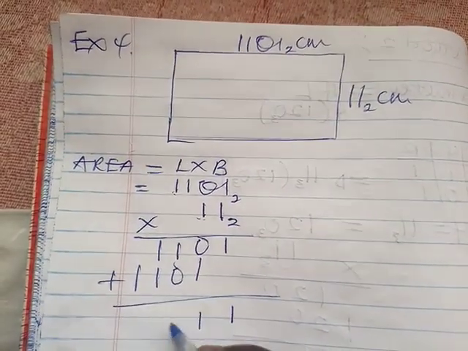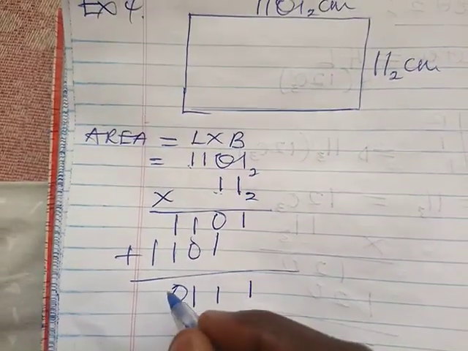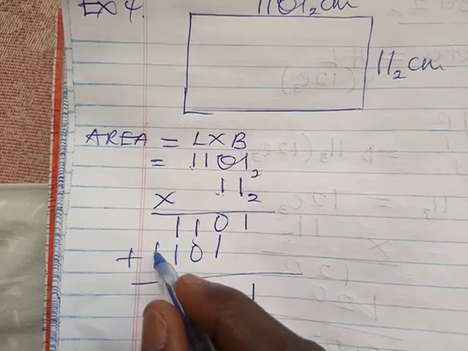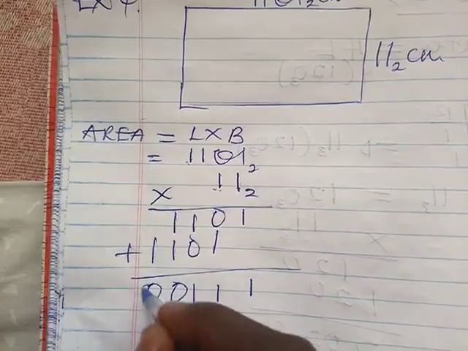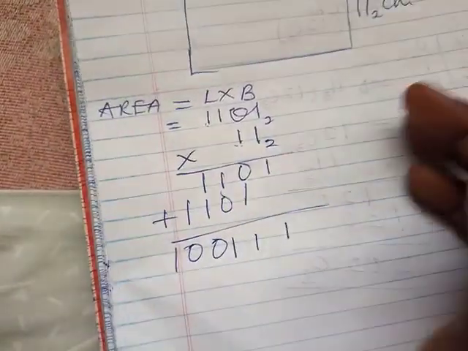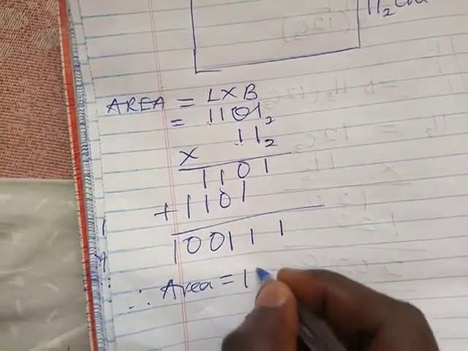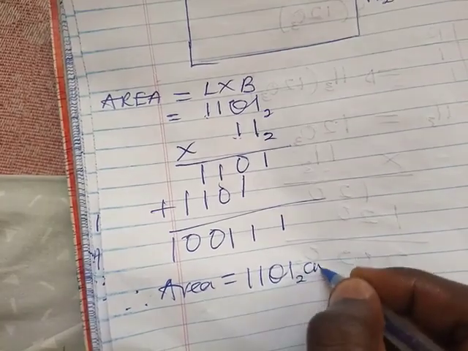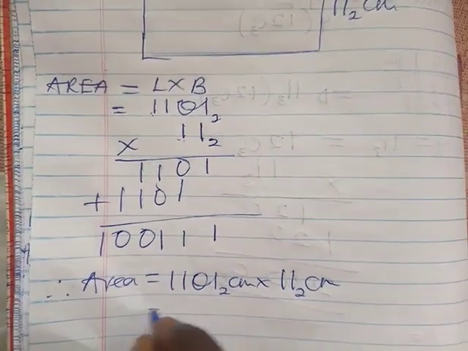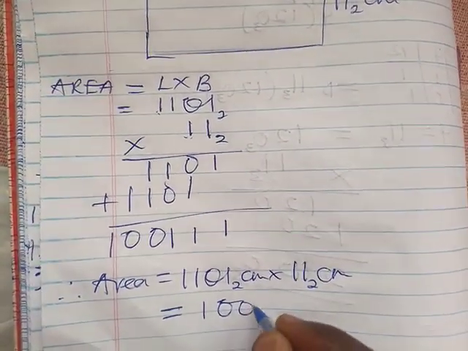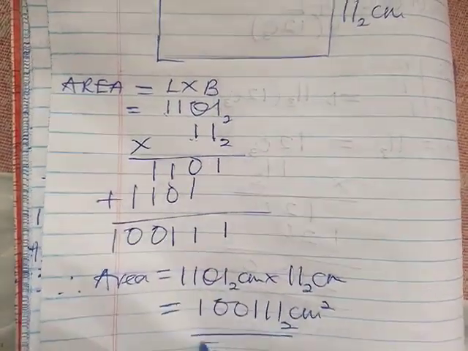So 1 plus 1 is 2, 2 in base 2 is 0, remember 1. So therefore, the area, which is 1101 base 2 centimeter times 11 base 2 centimeter, is equal to 100111 centimeter squared base 2.